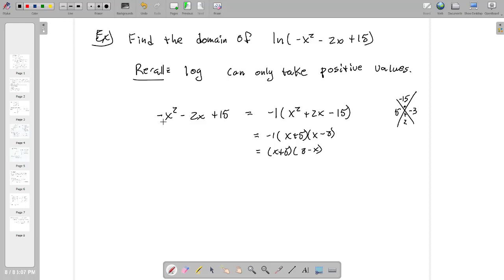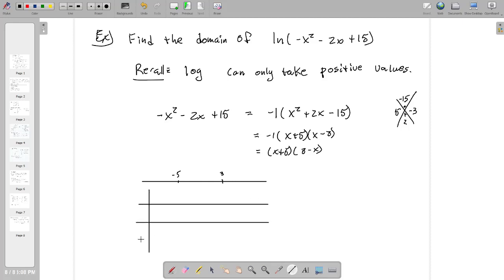Now again, we're looking for the domain of this. So we need to figure out where this function, which is the same thing as x plus 5 times 3 minus x, is strictly positive. So let's figure out where it's equal to 0 first. Happens to be at 3 and -5. Then we build our chart and label.